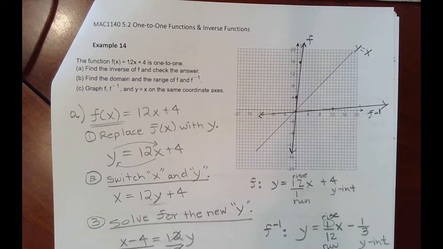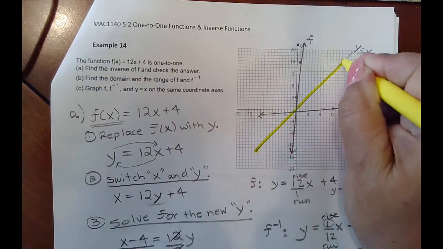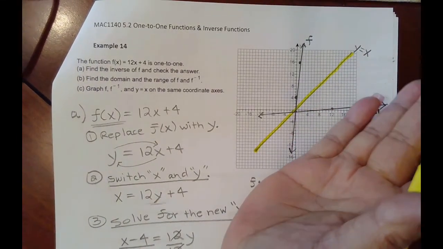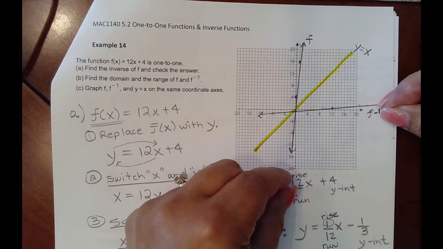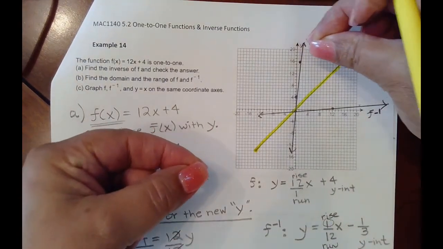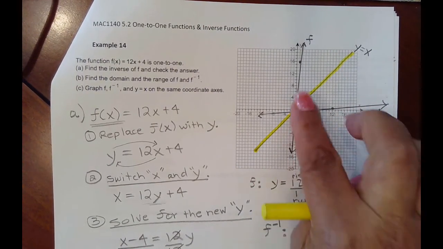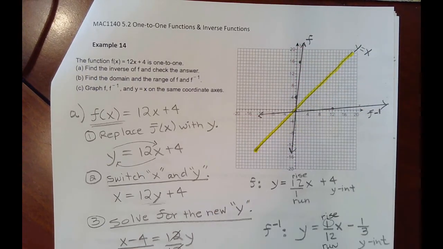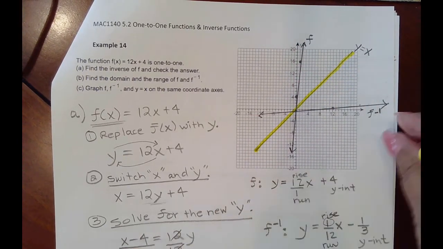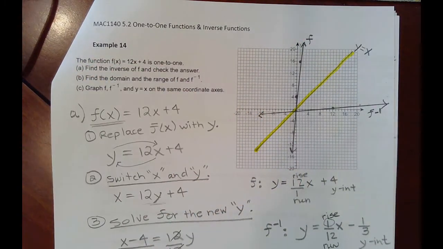If you were to crease your paper right on this line right here, and then fold this graph, just take these two pieces and fold it on top of this, then this graph right here would superimpose on that piece of graph. That's if you were to fold the paper here, pick this up, and fold it over. This would superimpose on top of that. Again, that's always going to be true of the original function and its inverse. Okay, that completes section 5.2.